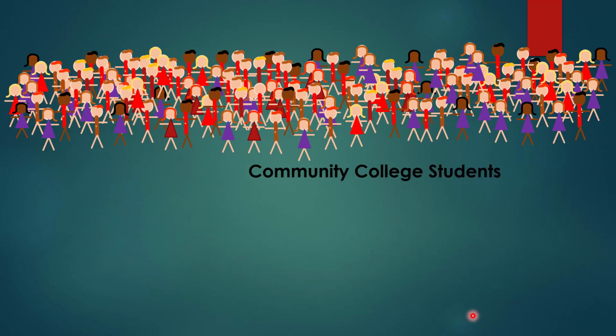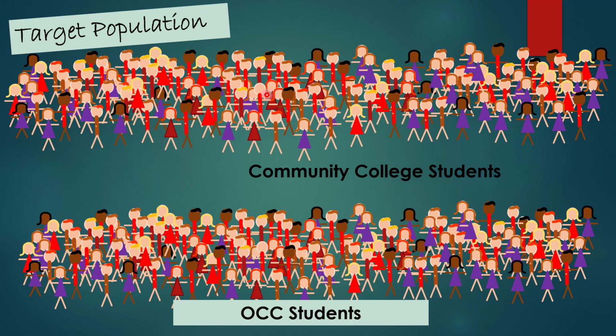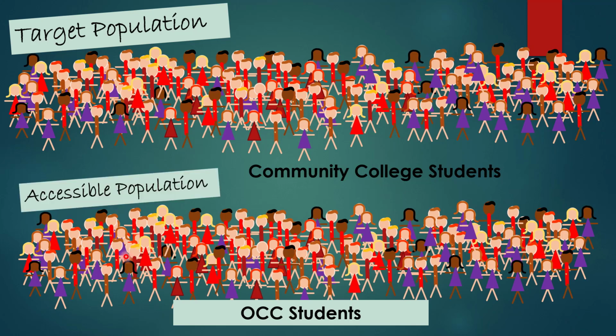Now, we also said that our population of interest is community college students. Realistically, can we sample community college students from all over the country or even all over California? So maybe we have an accessible population. We have a target population, which is community college students, but then we have what we call an accessible population, and those are the populations accessible to us.